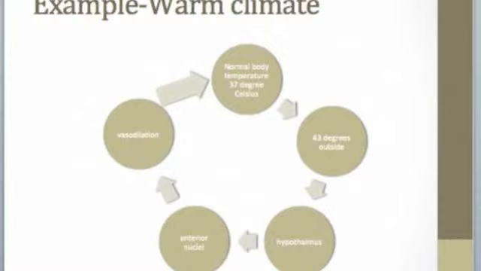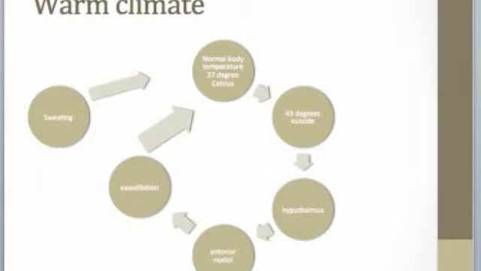But what happens if this mechanism is just not enough to bring the body back to that internal temperature, to that steady state? So the body has another mechanism. Essentially it starts with the same. The normal body temperature is 37 degrees Celsius. It's 43 degrees Celsius outside. So the hypothalamus recognizes this. It stimulates the anterior nucleus, or the heat loss center, and promotes vasodilation.